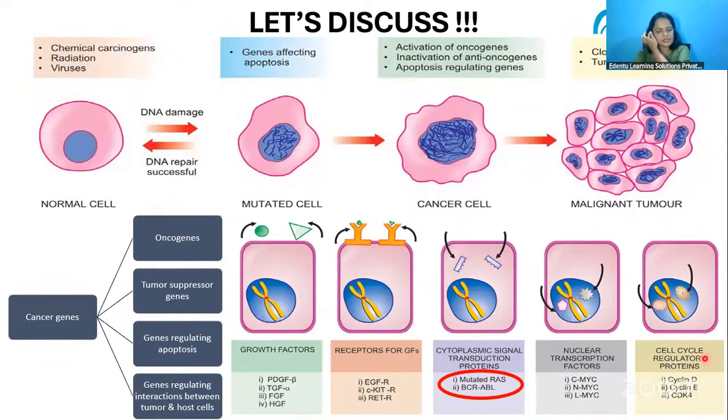The cell cycle has some regulatory proteins called cyclins. So cyclin D, E, and CDK4 are all involved in regulating the cell cycle. If any kind of damage happens to those genes, it can result in an aberrant cell cycle that can lead to tumor formation. So these five are the groups involved under oncogenes. If these oncogenes get activated, it can lead to tumor formation.